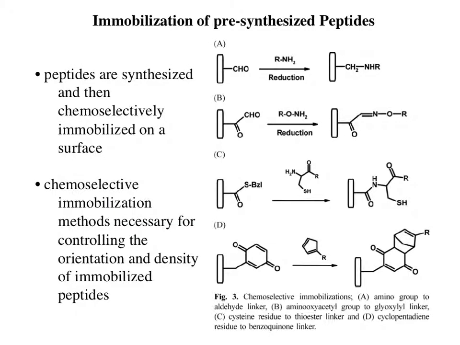For immobilization of pre-synthesized peptides, you need chemoselective immobilization methods, and this is important for controlling the orientation and the density of the immobilized peptides. The solid supports that can be used are glass, polymer, and chips, and the critical factor is the accessibility of the peptide to the target.